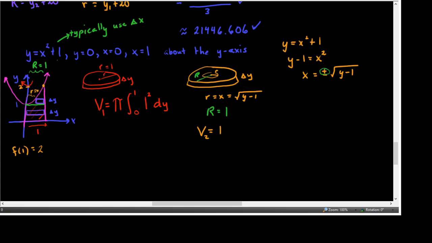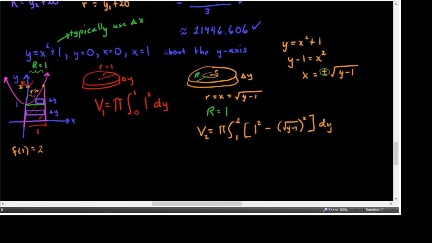So this is pi times the integral from, this part of the region goes from y equals 1 to y equals 2, of big R squared minus little r squared dy.